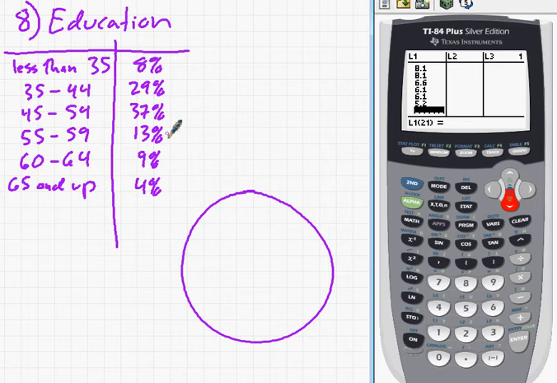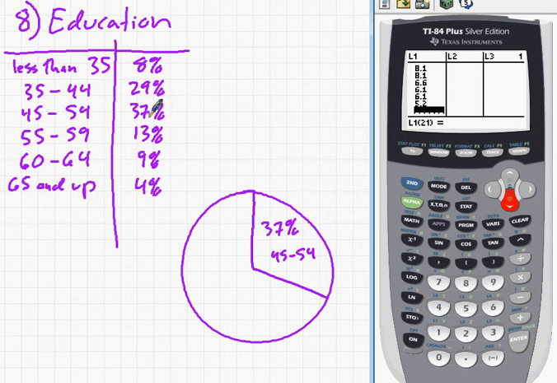We can kind of start off seeing if we can use the same method I did before. Here's the biggest one, 37. That's a little bit more than a third. So maybe I can estimate about a third, a little bit more. There's our 37%, which is 45 to 54 years old.